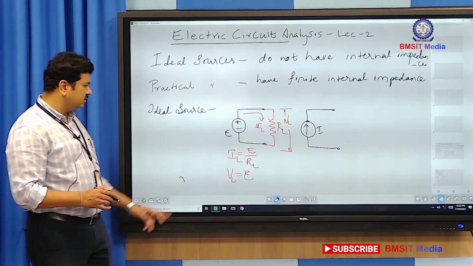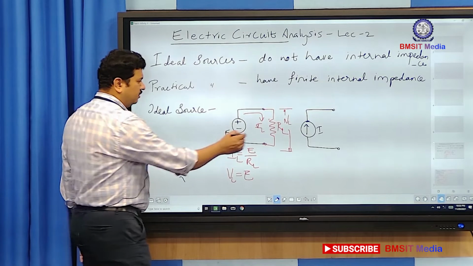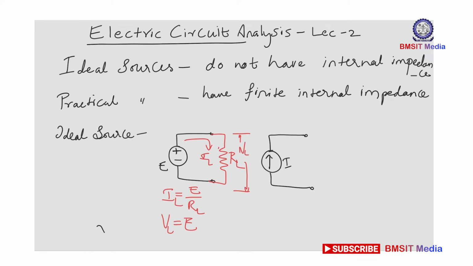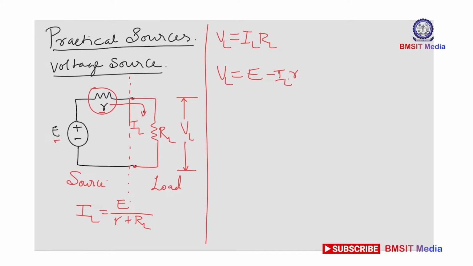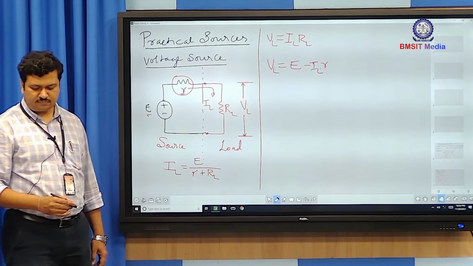The ideal voltage source will provide the same source value to the load, whereas the practical voltage source will provide a terminal voltage lesser than the source value by the amount of drop across the series impedance or series resistance.